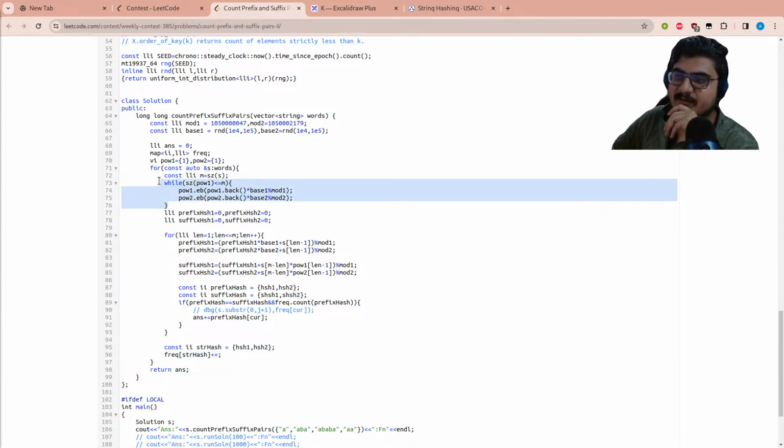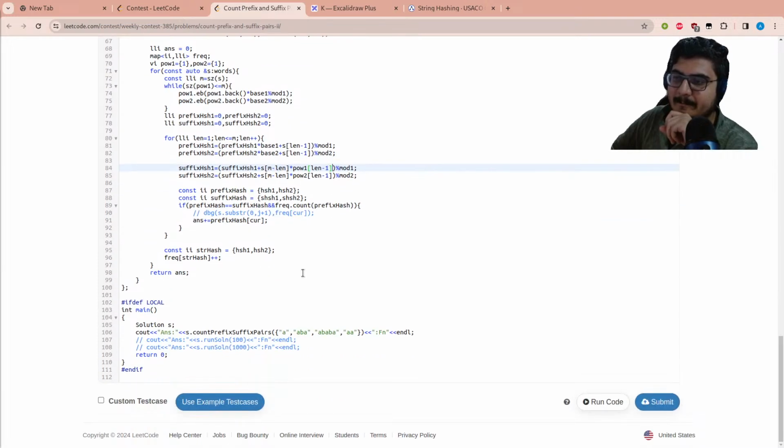I am also computing the power of bases to help me create suffix hashes faster.